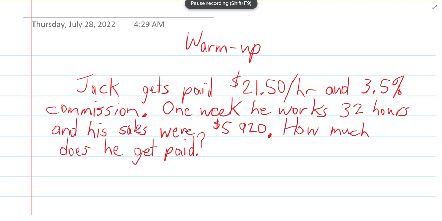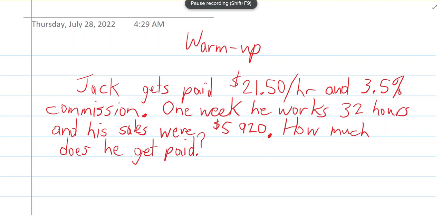Okay, so copy this down. Try and take point forms if that works for you. Jack is working, he gets paid $21.50 per hour, and he also makes commission on his sales, so he gets 3.5% commission.